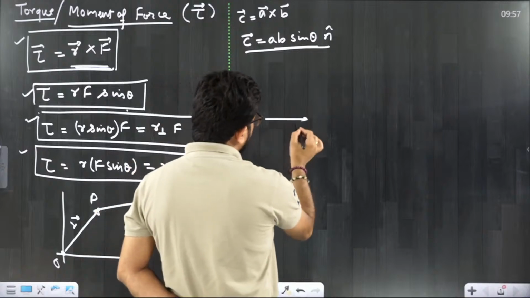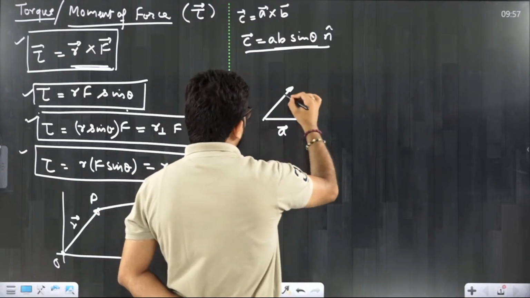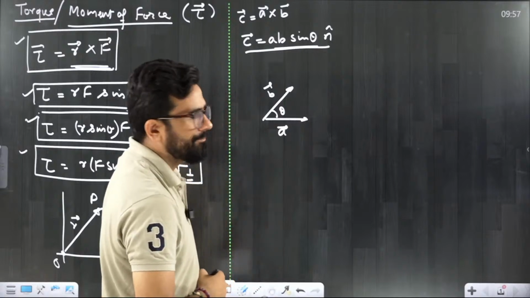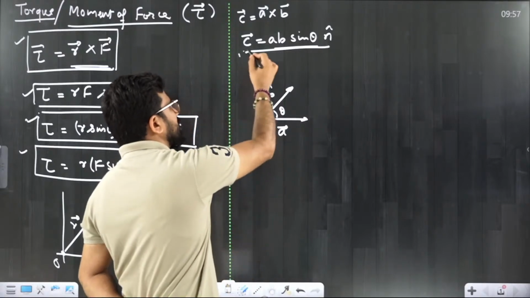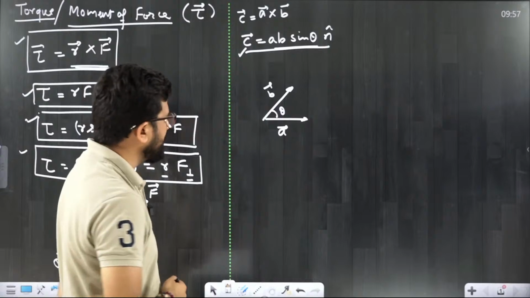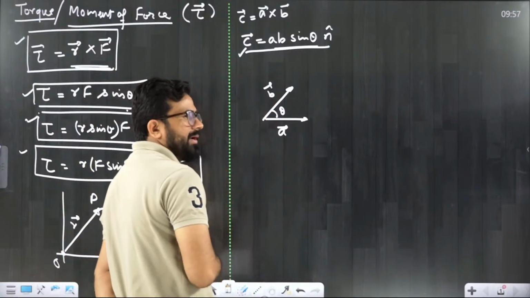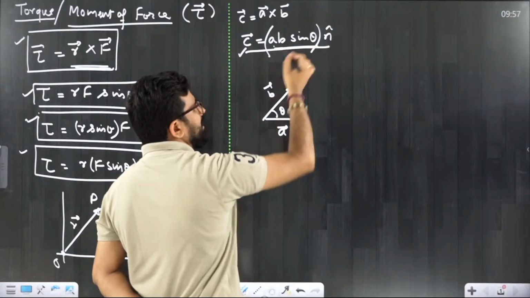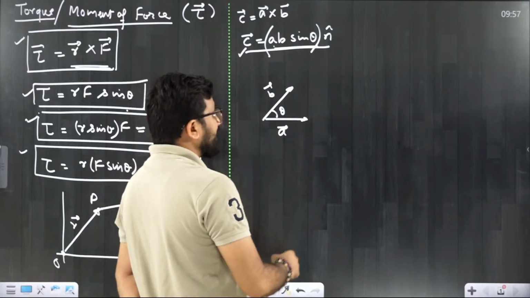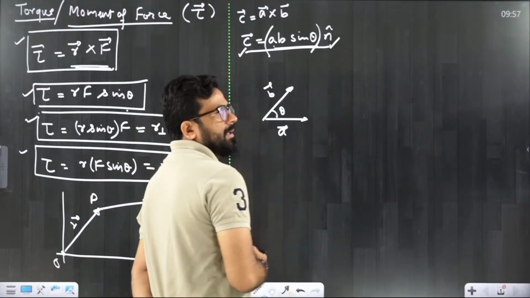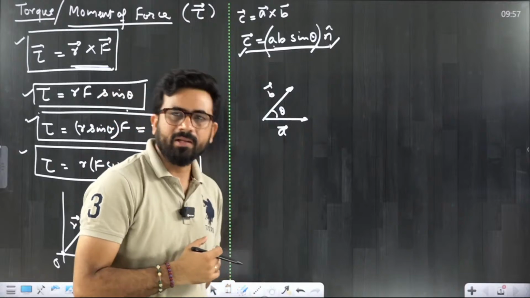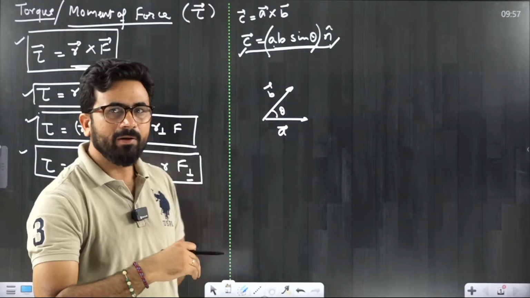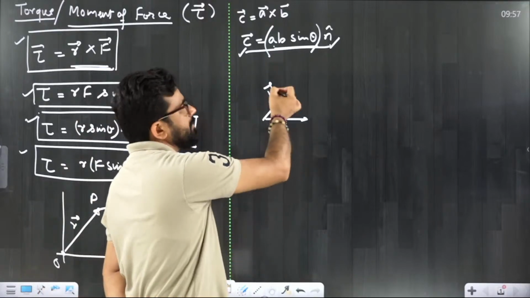Suppose one vector is the A vector, the other is the B vector, and the angle between them is theta, and we want to calculate C. Actually, we have to write the magnitude first. The magnitude is A into B into sine theta, and the second term is n cap. What is the n cap? It is nothing else, it is a perpendicular or normal vector that is perpendicular to A vector as well as B vector.